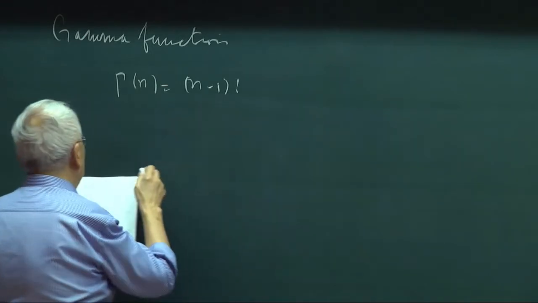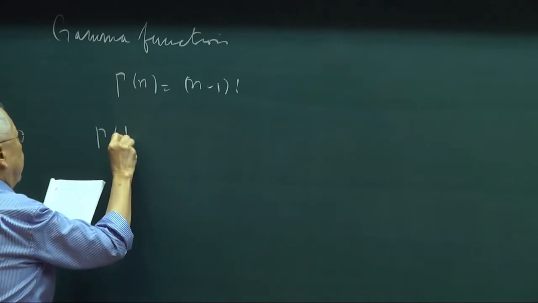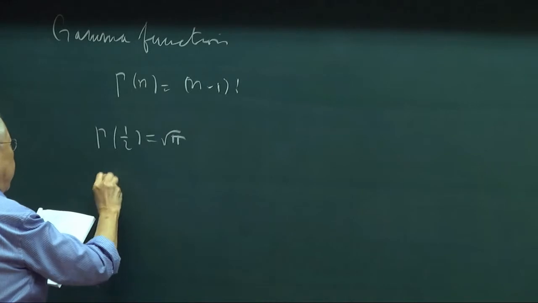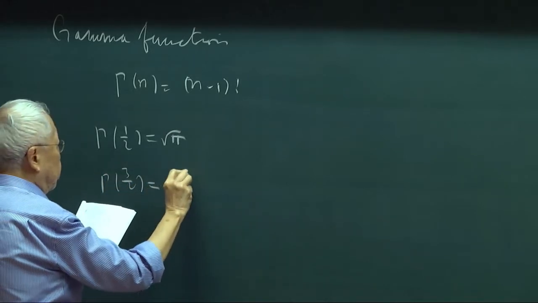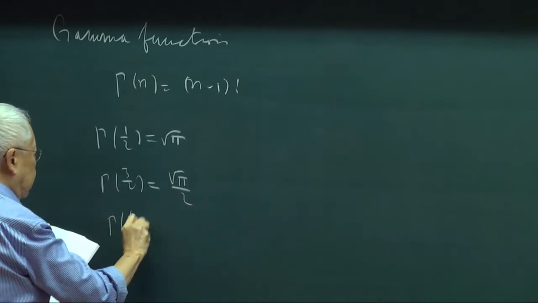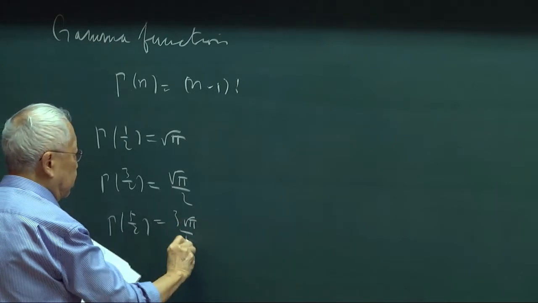There is a well-known integral representation for this function. For n integer, it's just a factorial. For half integer, gamma of 1/2 is square root of pi, gamma of 3/2 is square root of pi over 2, and gamma of 5/2 is 3 square root of pi over 4.